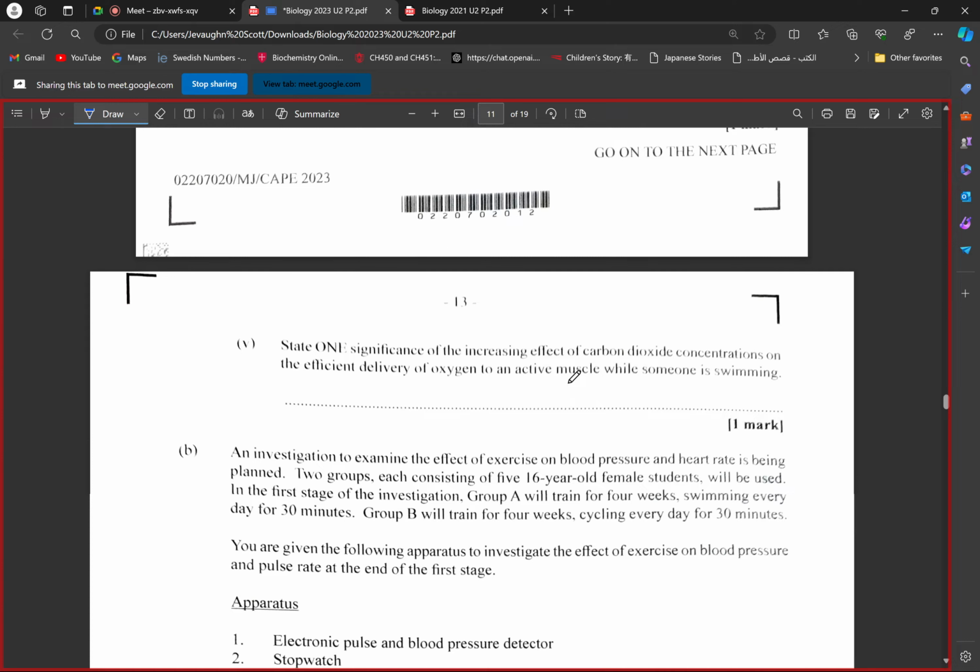State one significance of the increasing effect of carbon dioxide concentrations on the efficient delivery of oxygen to an active muscle while someone is swimming. So state one significance of the increasing effect of carbon dioxide concentration on the efficiency of oxygen delivery in active muscle cells. The rest of it is just fluff. What is happening here? What's the significant effect?